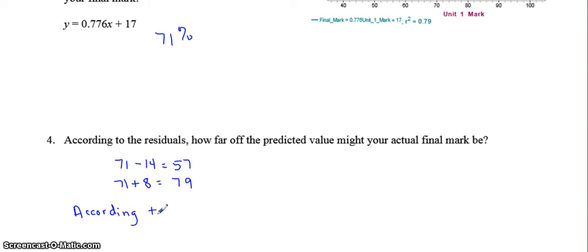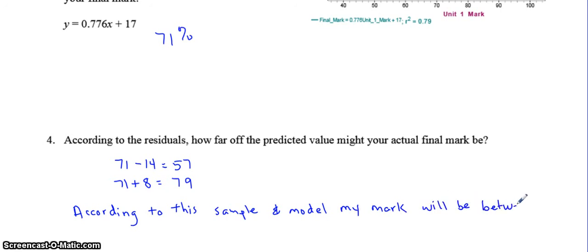So according to this sample and model, which is the line of best fit, my mark will be between 57 to 79%.